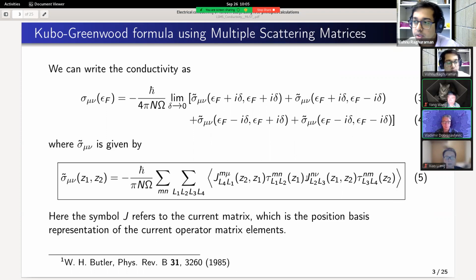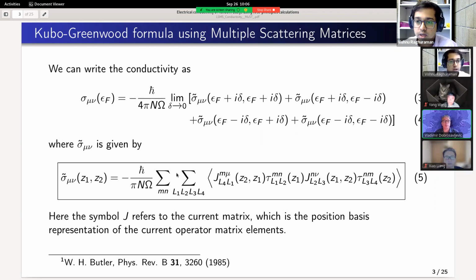And generally, what we mean by conductivity in the math is sigma tilde, and it's then implied that you would calculate sigma tilde at two energies, just above and just below the Fermi energy in the imaginary plane. So epsilon_F plus i delta and epsilon_F minus i delta.